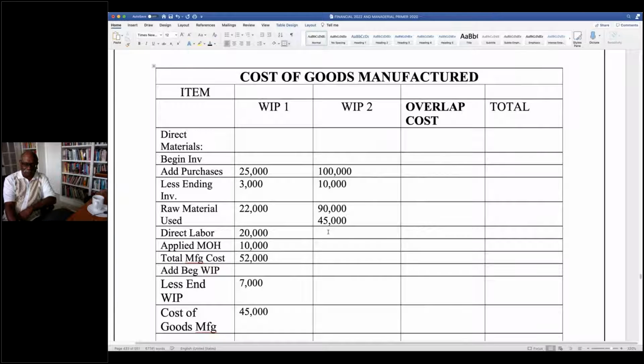What's our labor? 60,000. Plant manufacturing overhead? 15,000. So what's our total manufacturing cost? 210,000.